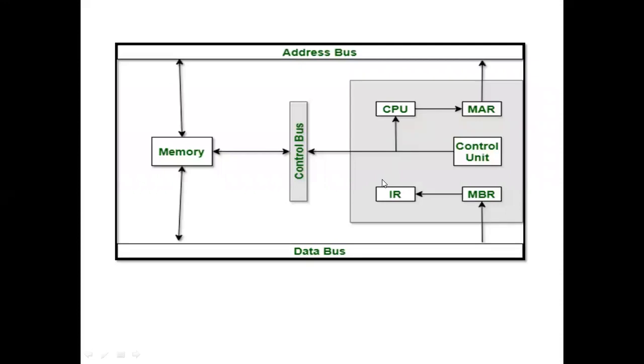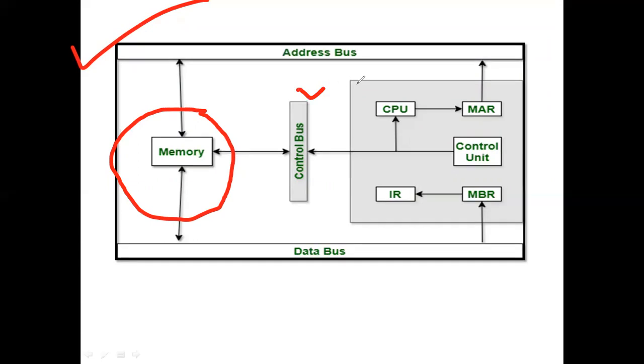Look at this diagram. I hope you can clearly see it. So the address bus is there for the communication. Memory, you know why we need memory. Then the control bus, then this is our processor, the control unit, and the processor is linked to the memory address register.